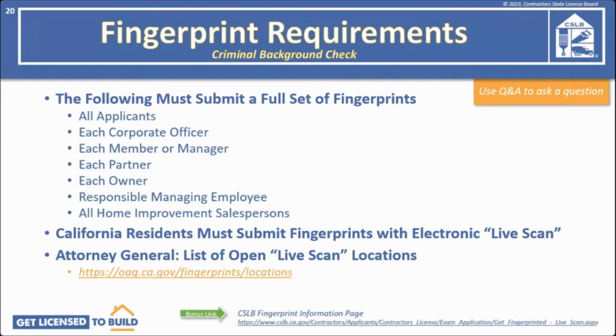If you are in California, you must submit fingerprints electronically with what's called a live scan. You can get an updated list of live scan locations in California, broken down by county, on the Attorney General's website. We have a link here, or you can simply go to the Attorney General's website and search for live scan. You will also see we have a bonus link at the bottom of the screen to the fingerprint information page on our CSLB website.